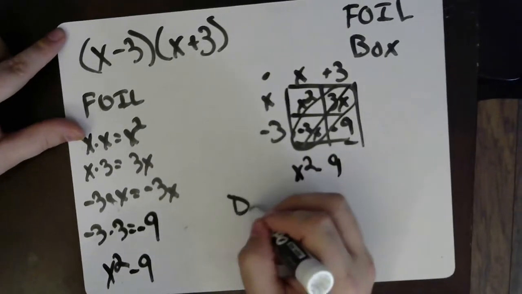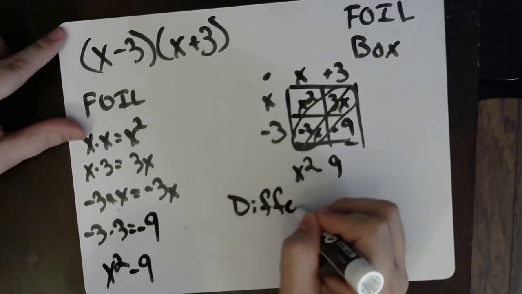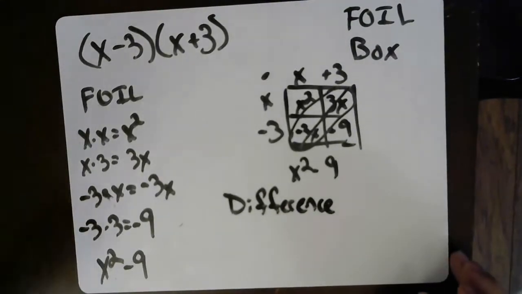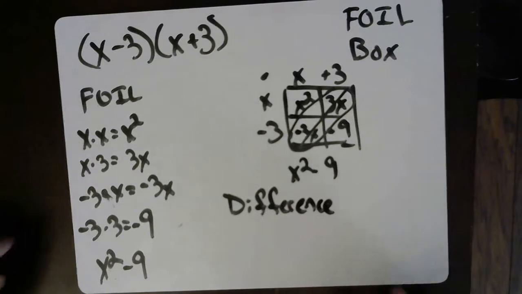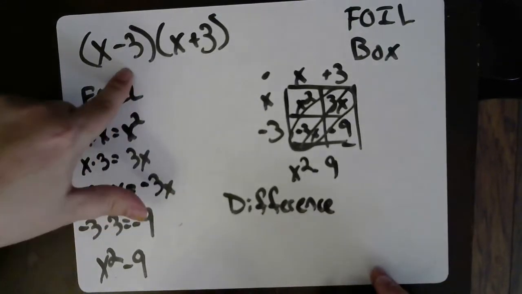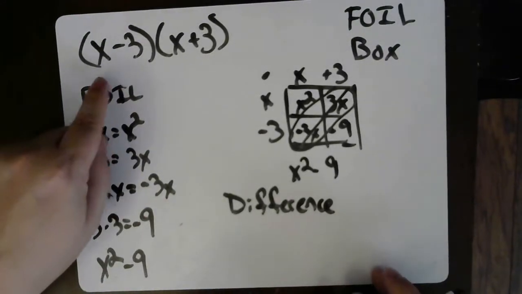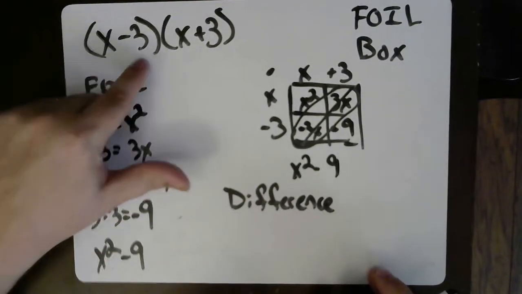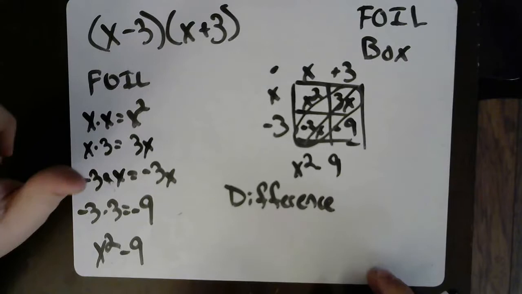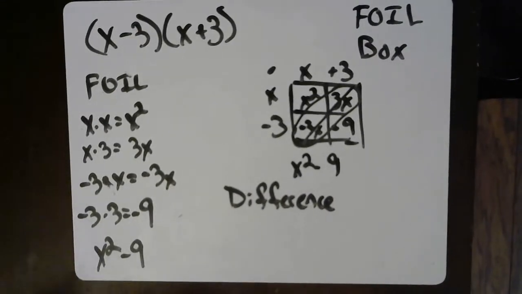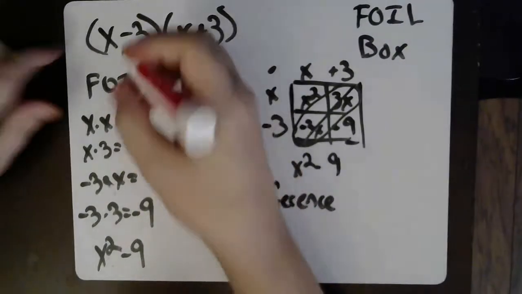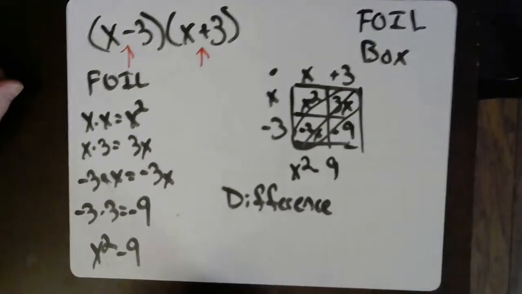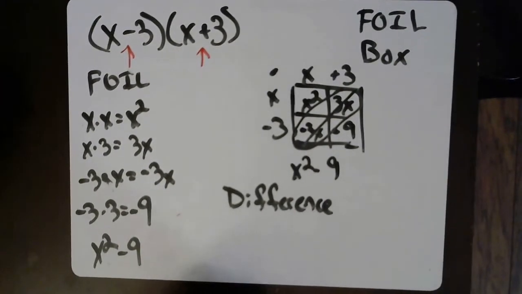This is a difference of squares. Hopefully you recognize this. Why does it cancel? It's purely because it is the same exact numbers and terms, except for one big difference: this one has a negative and this one has a positive.